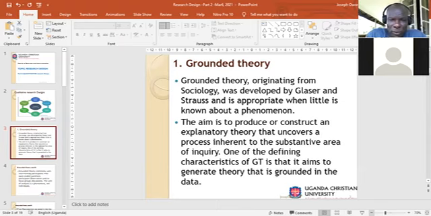Just go to Chikubo. For those Ugandans who know Chikubo, just go to Chikubo and stand somewhere and observe what's happening. You will be collecting data. And so if you stand in Chikubo for 5 hours, you can collect a lot of data.